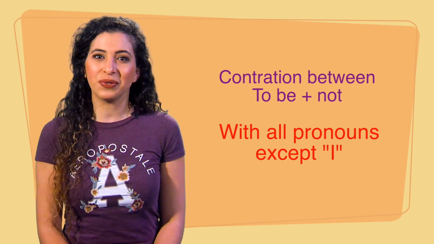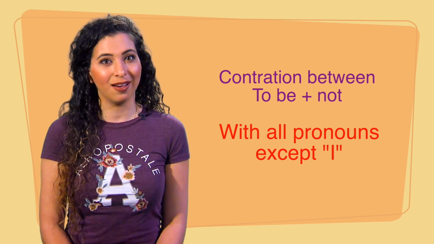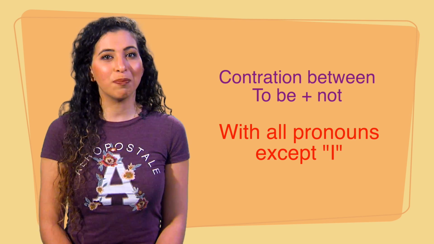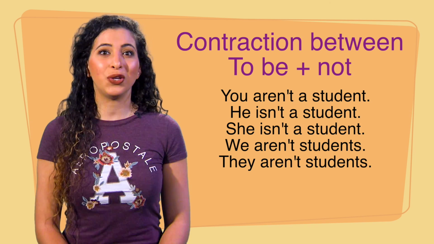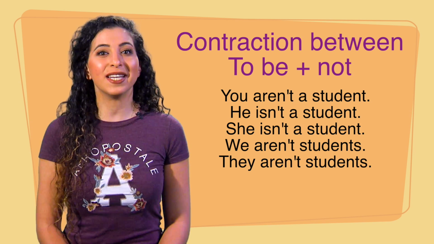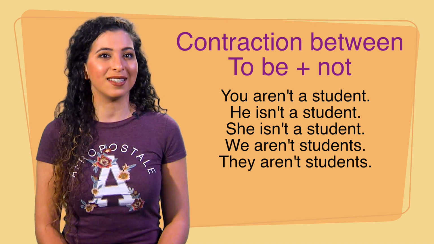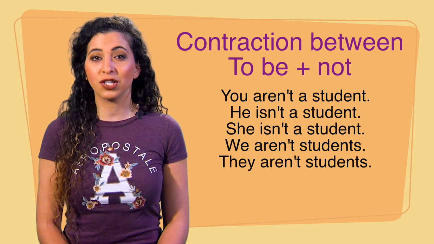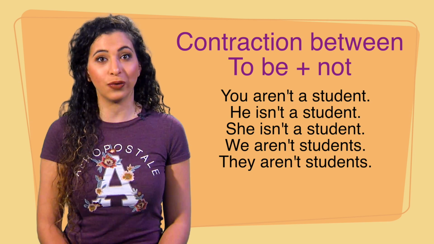We can also use the contraction between to be plus not with all the pronouns except I. For example, you aren't a student. He isn't a student. She isn't a student. It isn't a country. We aren't students and they aren't students.